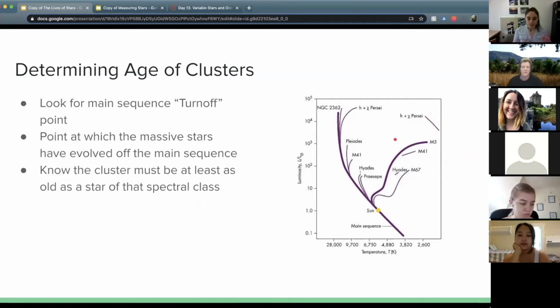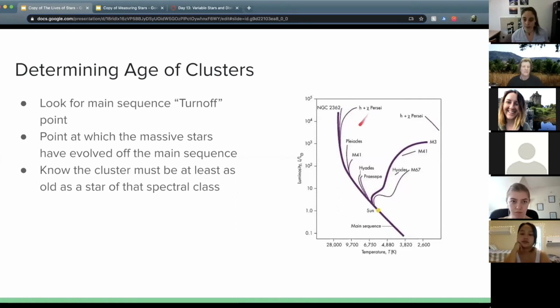So if you look at a cluster and you see all the O and B stars have died, you know that cluster must be old enough that all of its O and B stars have died. If you look at a cluster and you don't measure any A stars either, then you know that all the A stars have also used up all their fuel and died. So the cluster must be at least the age of A stars, so a few billion years.